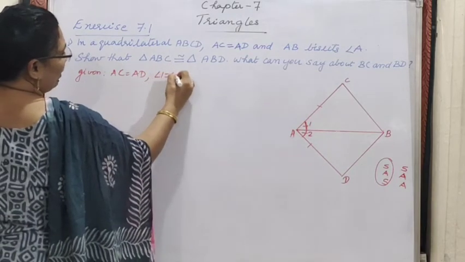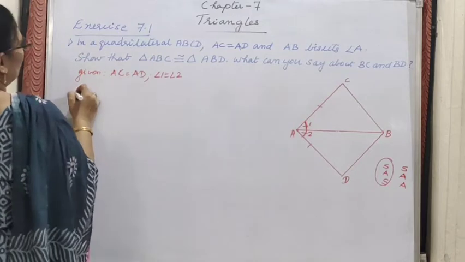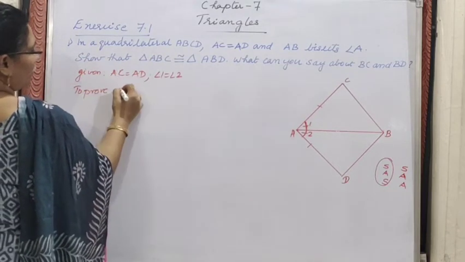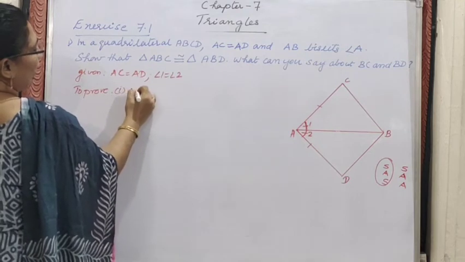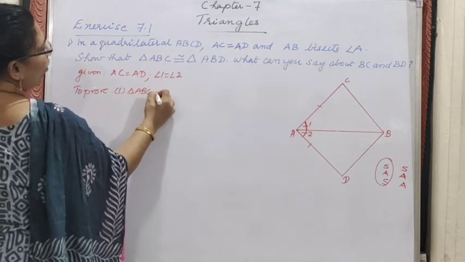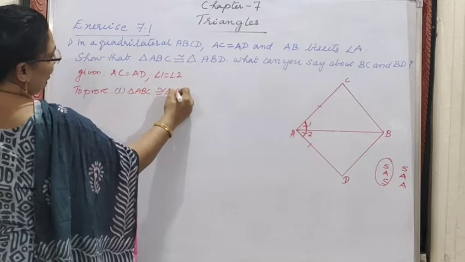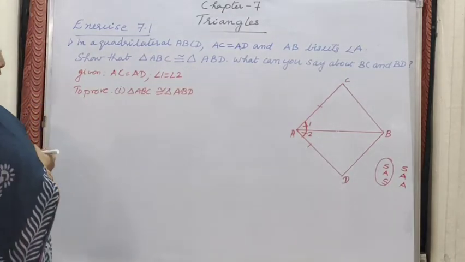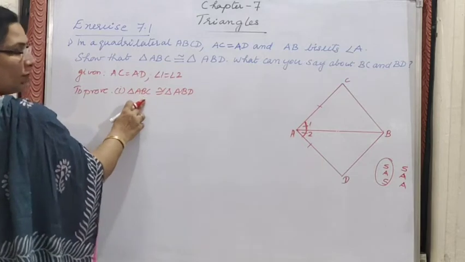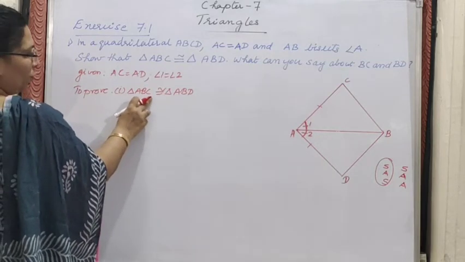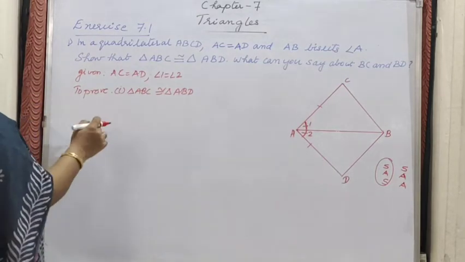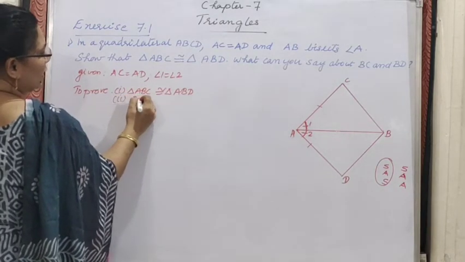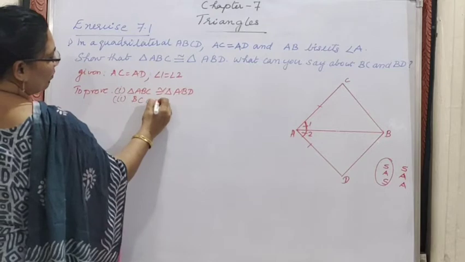To prove: first, triangle ABC congruent to triangle ABD. Then, what can you say about BC and BD? If congruency is proved, BC and BD are equal parts. So the second part is BC and BD, whether they are equal or not.